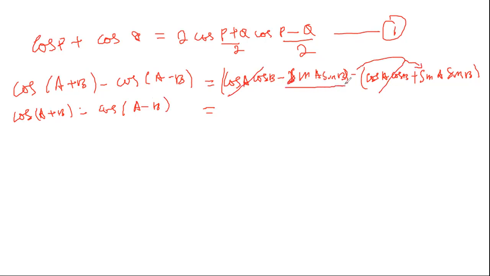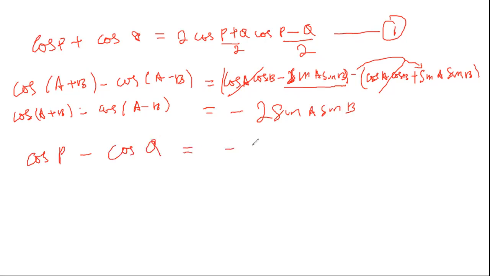So we get negative sine A sine B, and add it to another negative sine A sine B. And then we are going to get negative 2 sine of A, sine of B. So we substitute with our P and Q. So this will be cos of P minus cos of Q.